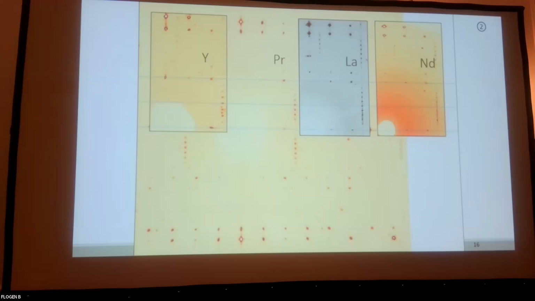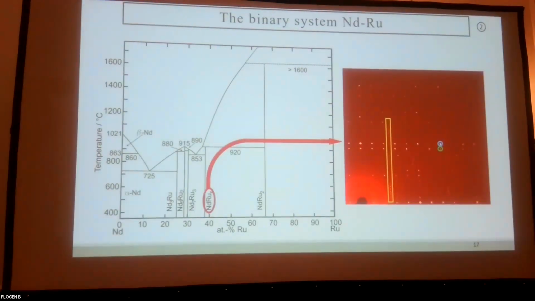And as I was working on specifically the neodymium-ruthenium system, I would like to comment a little bit further on the neodymium samples. So as said before, the samples were again synthesized by high temperature methods followed by quenching.